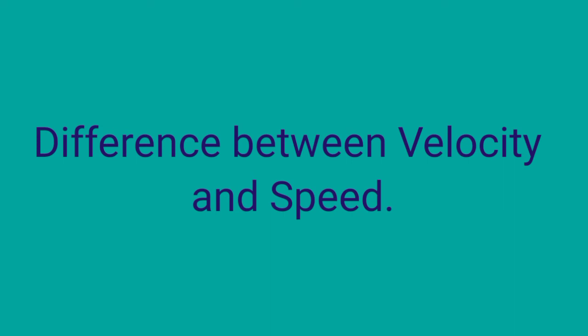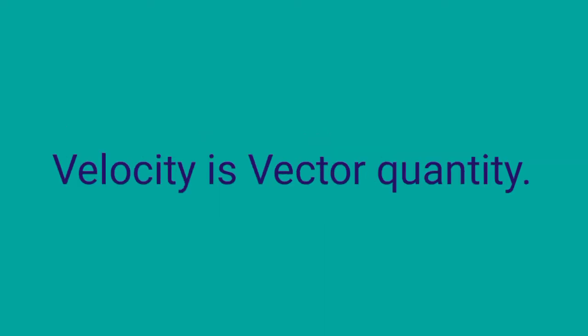Means in case of rate of moving, both velocity and speed consider the rate of moving of the object, but velocity considers the direction and speed considers only the rate of moving. So as I told you, velocity is a vector quantity because it considers the displacement, and displacement has direction. So velocity also has direction.